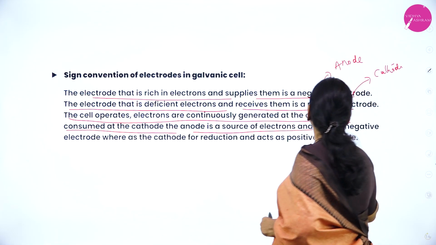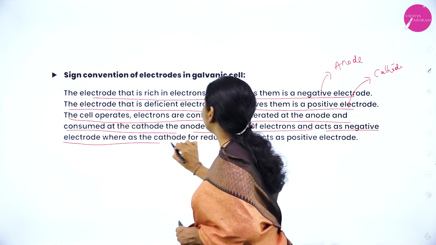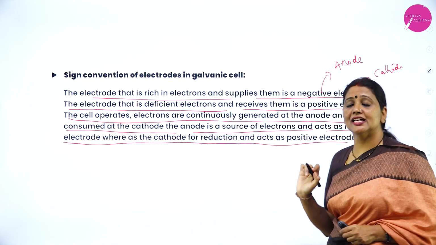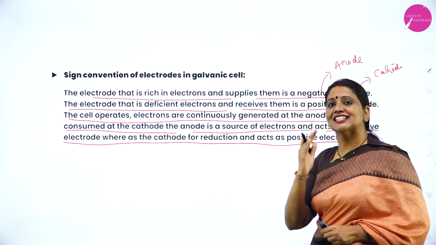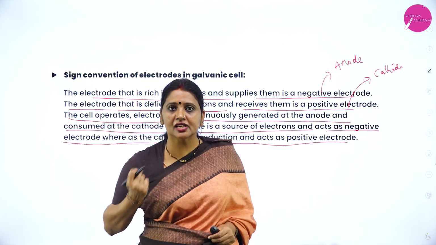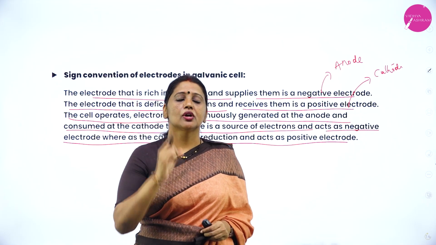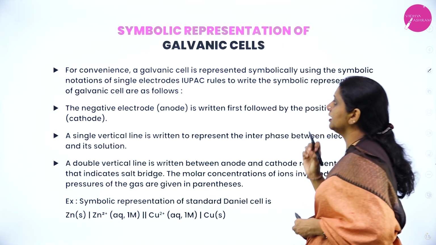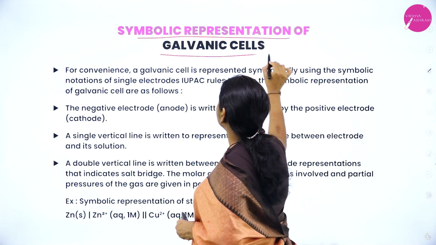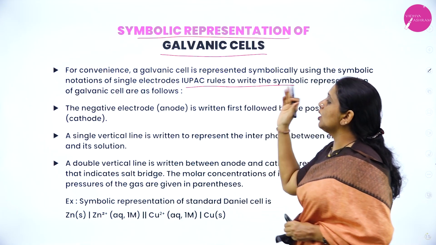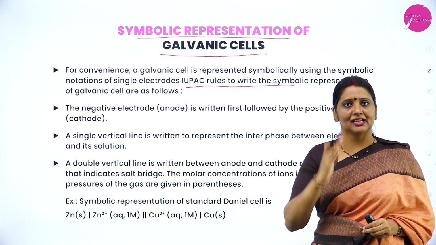Anode is a source of electrons and acts as the negative electrode, whereas the cathode, where reduction occurs, acts as the positive electrode. Which is the source of electrons? Anode, which acts as the negative electrode. Which receives electrons? That is cathode, which acts as what? Positive electrode.